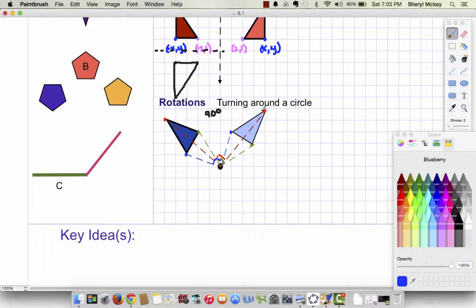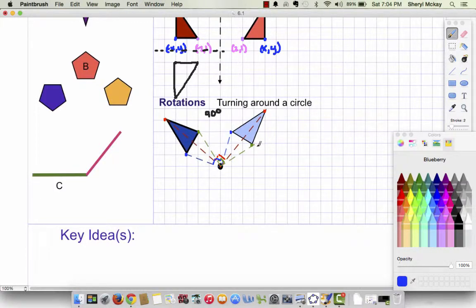We connect our points, and this dark blue triangle has now been rotated 90 degrees over here, and so this pre-image became this light blue image, which is a 90 degree rotation. Not a reflection, it's not flipped, it just moves around a circle. All right, so that's a rotation.